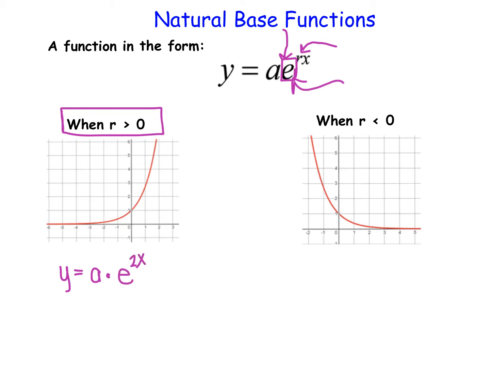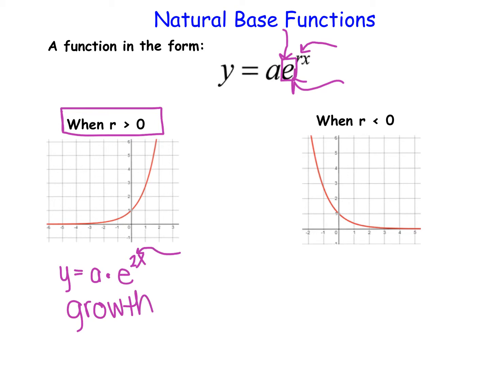What I notice here is that positive 2 is going to make this grow very quickly. It's going to grow faster because 2 is larger than 1, and as a result, this is going to end up as an exponential growth situation.